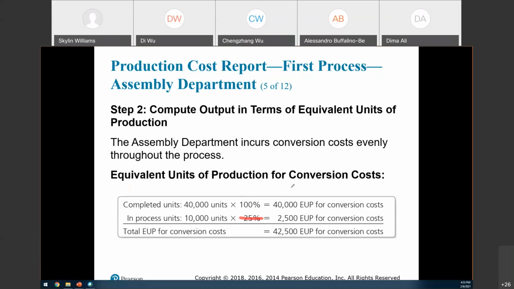But to calculate the EUPs, we times only 25%. We get 2,500 EUPs for conversion cost.